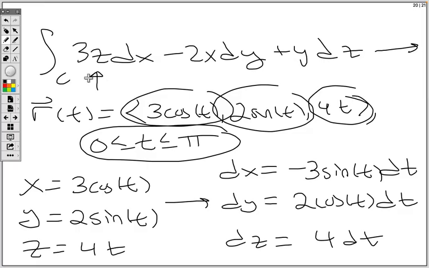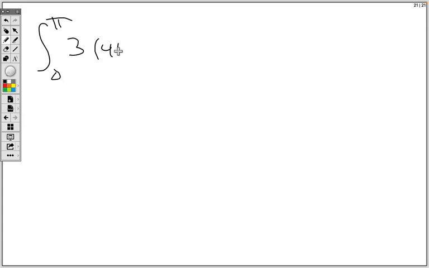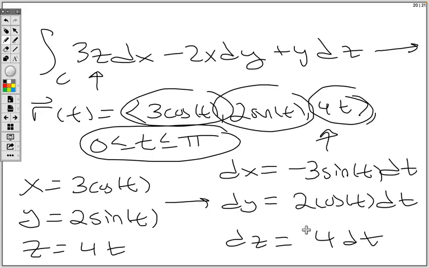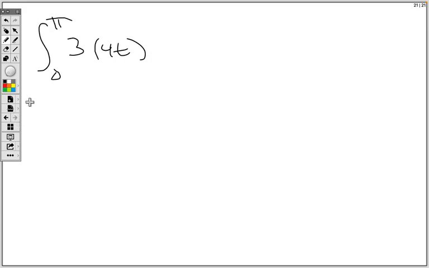We've got 3z, which is 4t, dx, minus 3 sine of t dt.